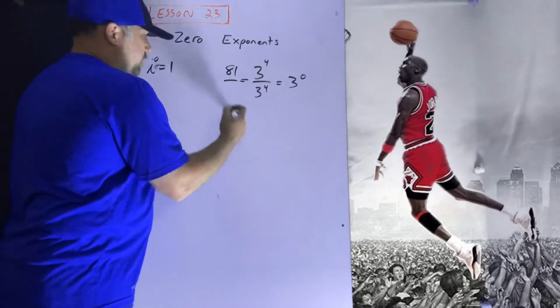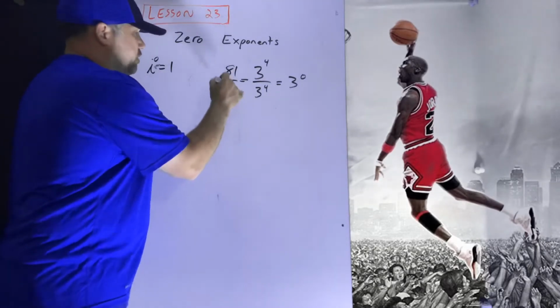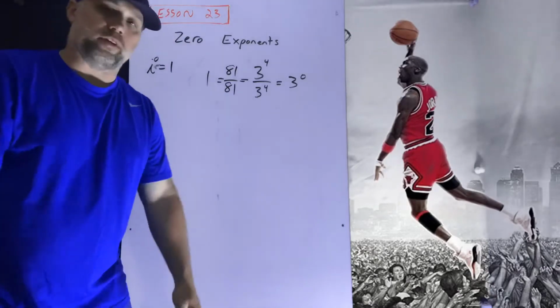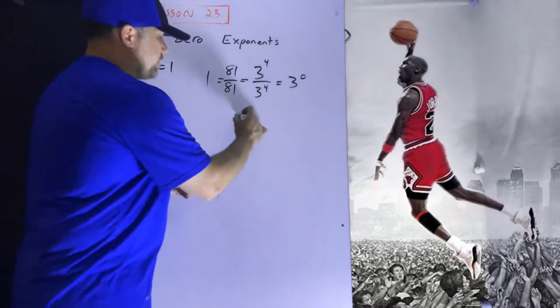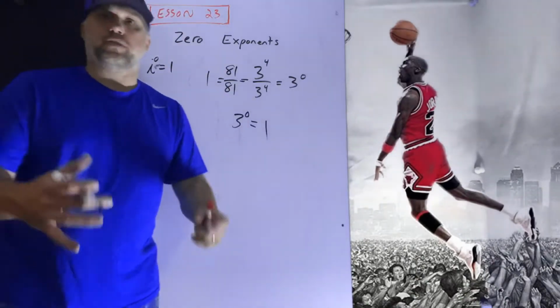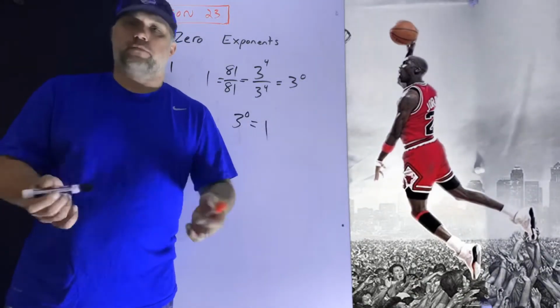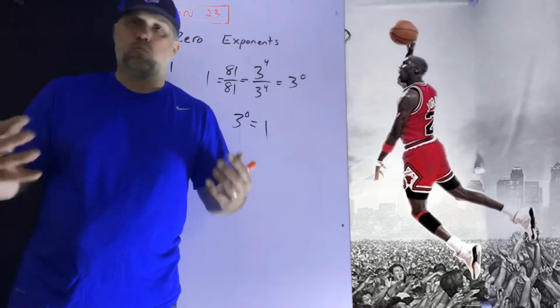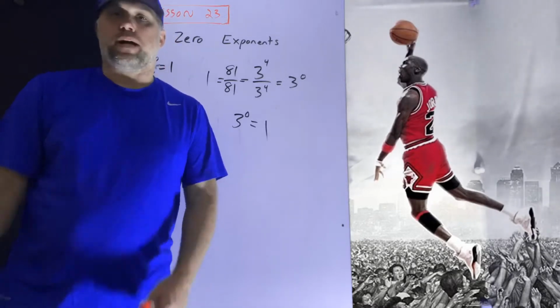And 3 to the 4th power again is 81. And 81 divided by 81 is 1. So working it one way, I get 3 to the 0. Working it the other way, I get 1. So your logical conclusion is that 3 to the 0 must be 1. So anything raised to the 0 power is 1.